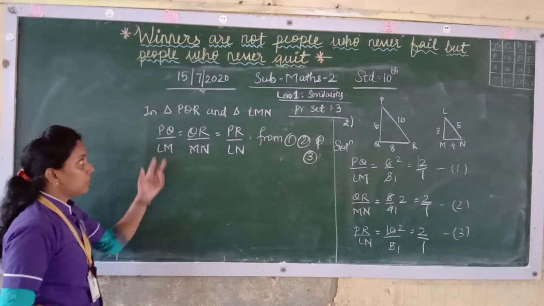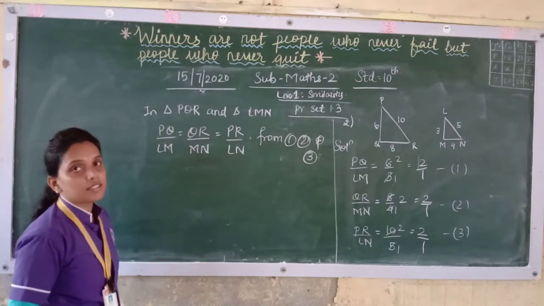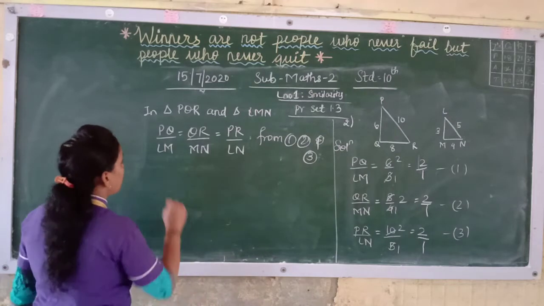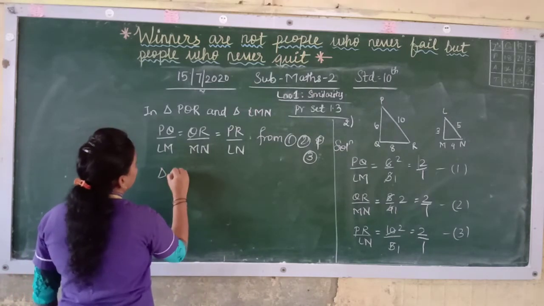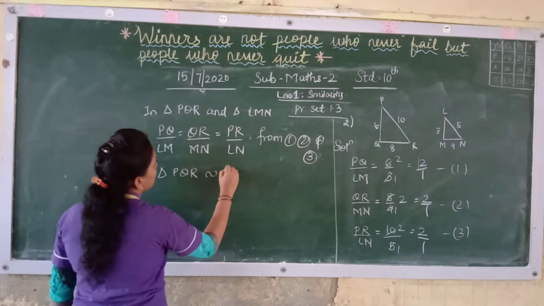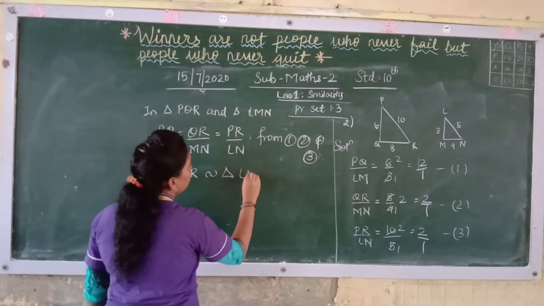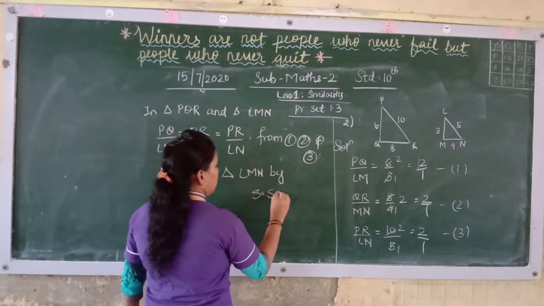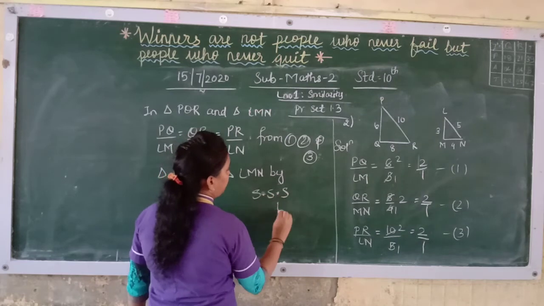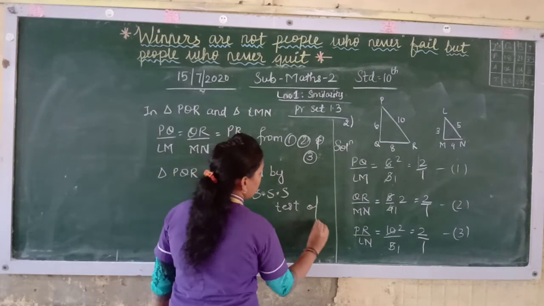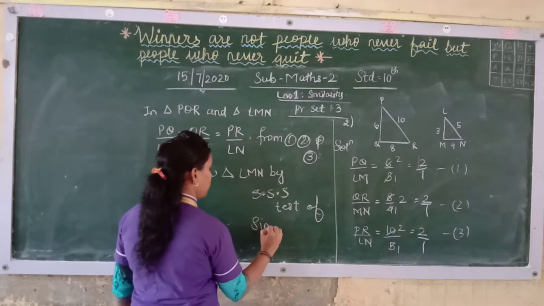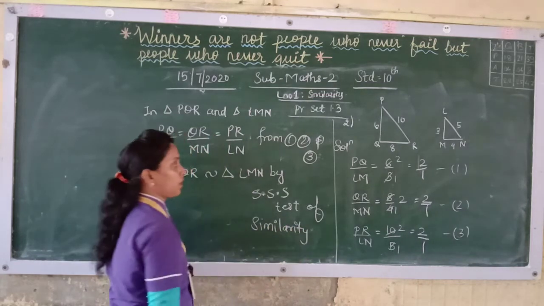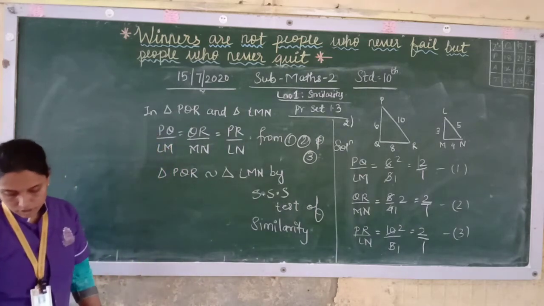So what you can say is that the triangles are similar by the SSS test, because the corresponding sides, all three sides, are in proportion. So here you will write triangle PQR is similar to triangle LMN by SSS test of similarity.